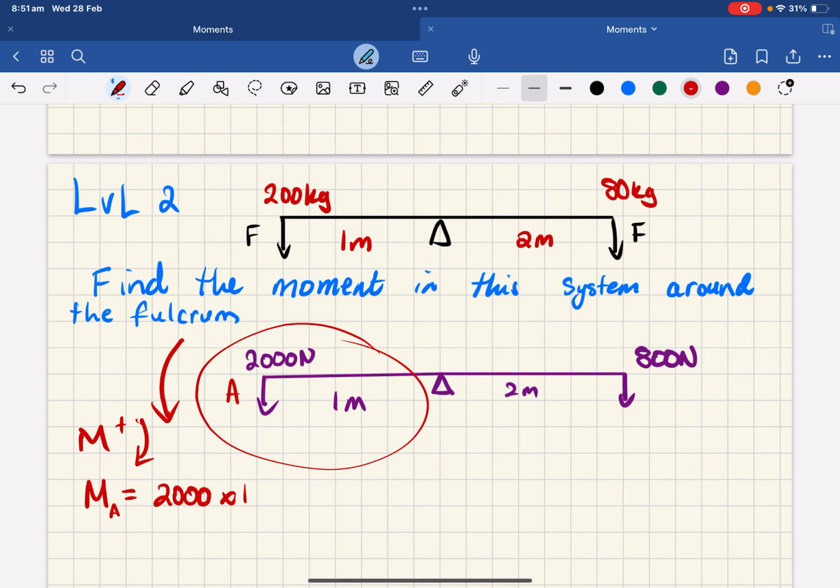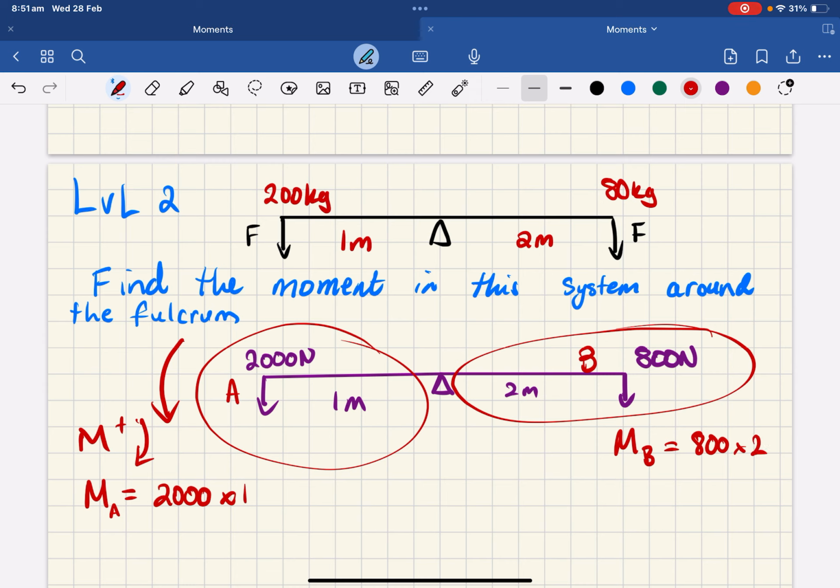Then we're going to go to moment B, which is this side. B is going to be 800 times 2. And this one is pushing down this way, which is clockwise, so this one's going to be positive.